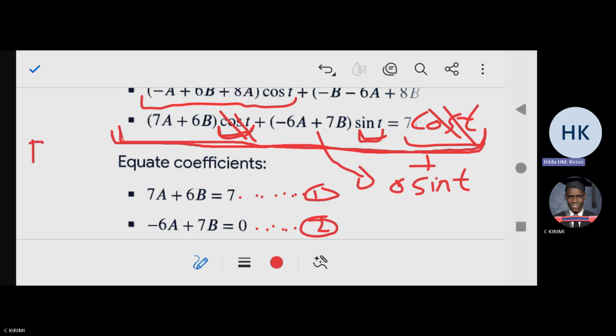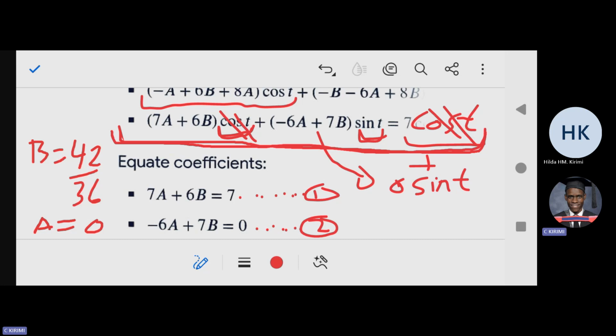Yeah, I'm still calculating A. Now we are calculating for A. Calculate A. A is equal to 0. You found A equals 0.